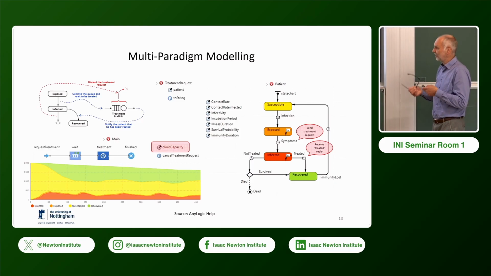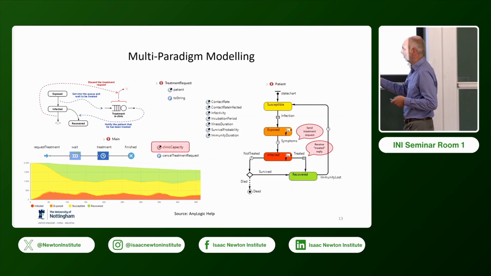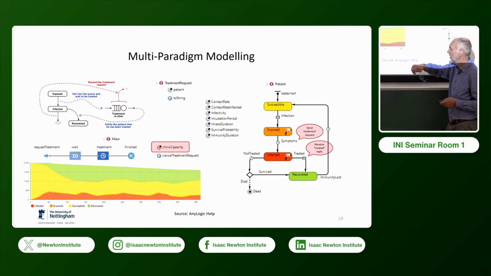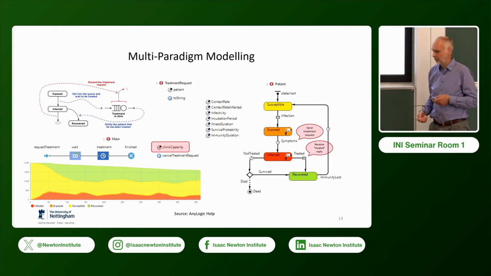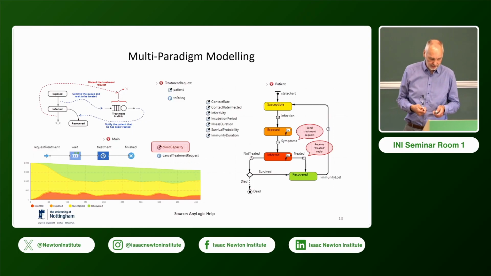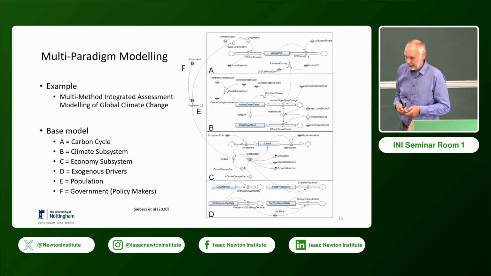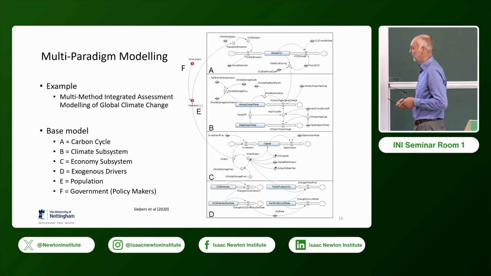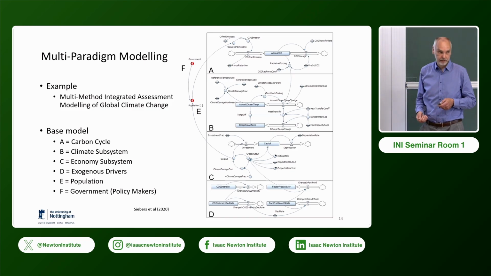So this is basically mixing the two models, and here we have the hospital model, very similar to what I explained before. It can get complex, but this is a model of the whole world.